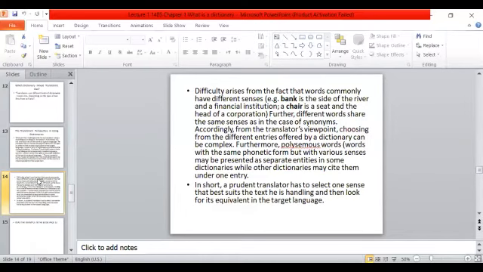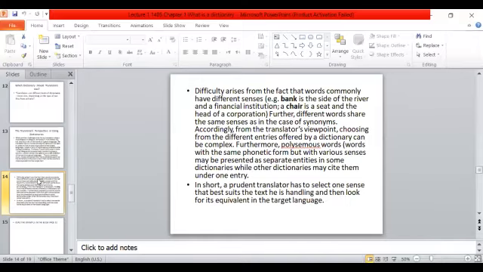Difficulty arises from the fact that words commonly have different senses. For example, bank is the side of the river and a financial institution. A chair is a seat and the head of a corporation. Further, different words share the same senses as in the case of synonyms. Accordingly, from the translator's point of view, choosing from the different entries offered by a dictionary can be complex.